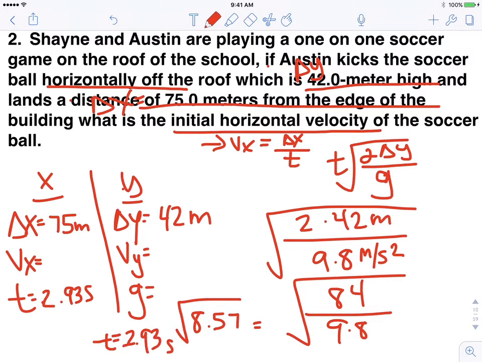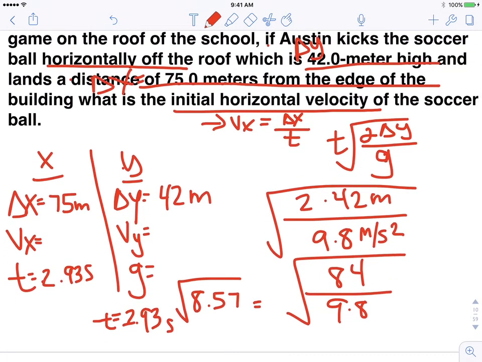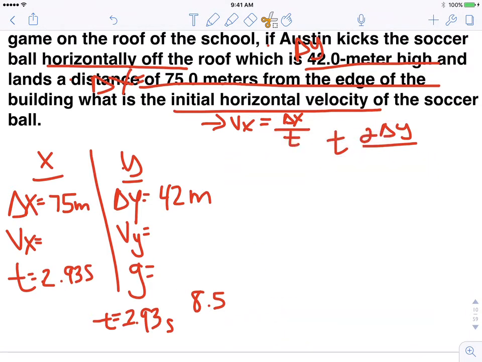All right, and remember, t is the same for both x and y. Let me just erase this real quick, and then I'll move on to doing the math for the other side, or well, the actual original problem.